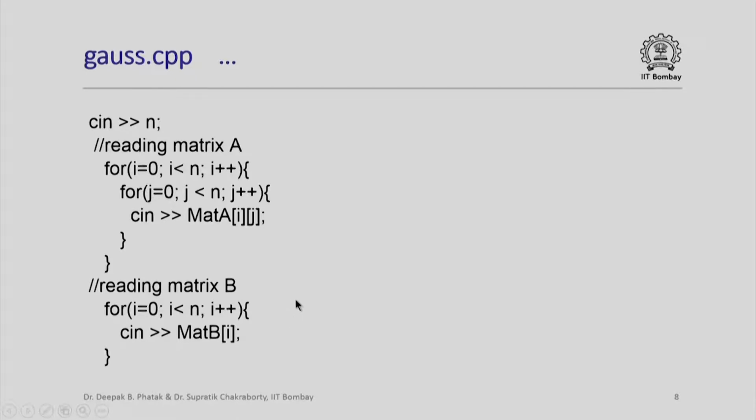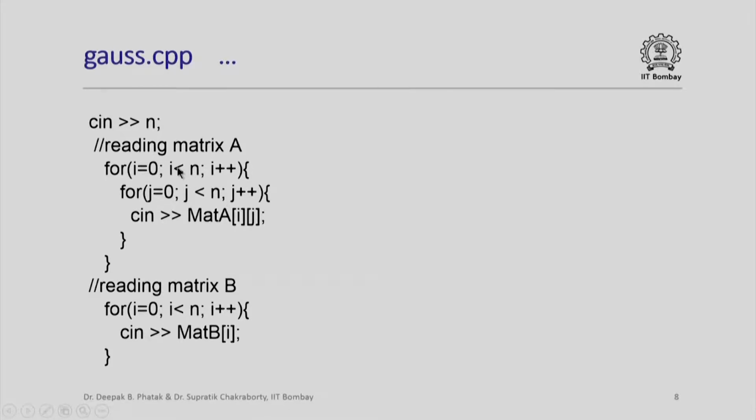Note again that our standard for loop that we use will have i equal to 0, i less than n, i plus plus kind of standard structure, because this varies from 0 to n minus 1, and that is exactly the index value for which we need to read the values of the matrix B, or here Aij, which will have two nested loops, one varying i from 0 to n minus 1, the other varying j from 0 to n minus 1.